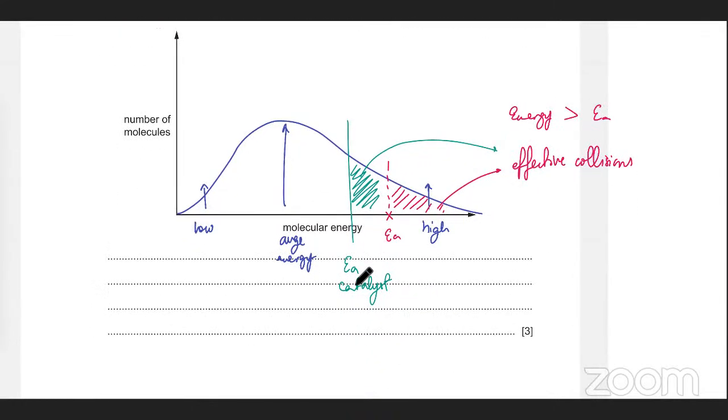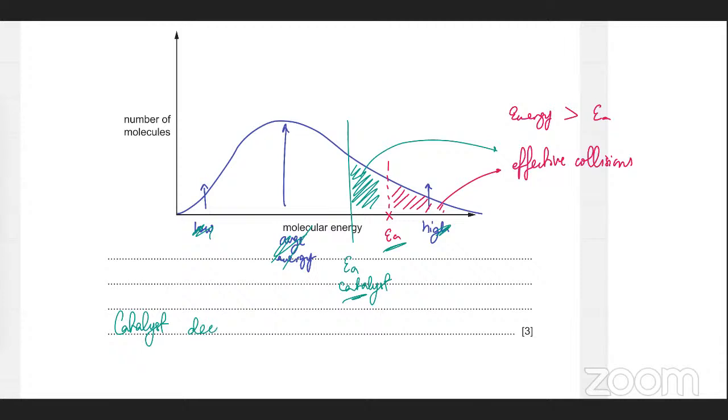The first thing is you're going to show the graph, you're going to get marks for that. And then you're going to label these 2 points specifically. And after that, what you would state is that catalyst decreases activation energy. I mean, you can just write one statement because most of the things are quite clear from the graph.